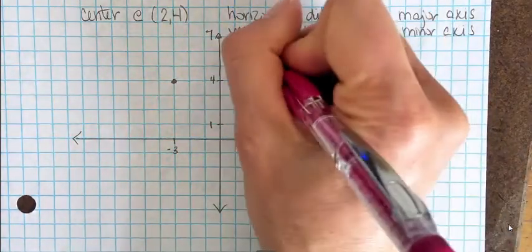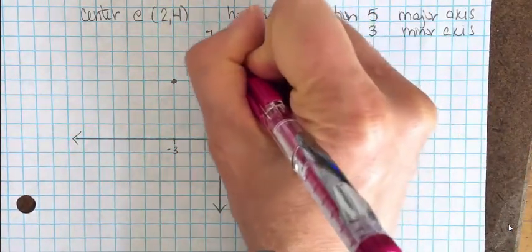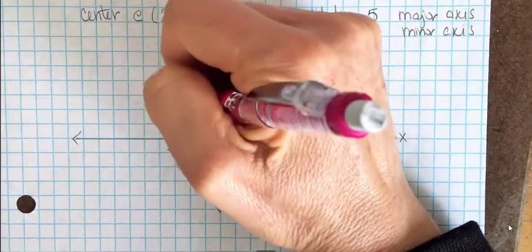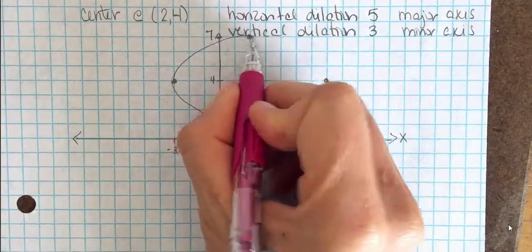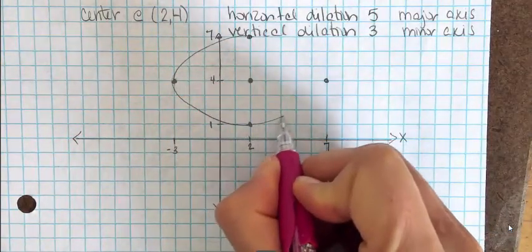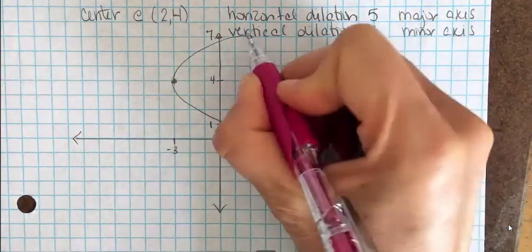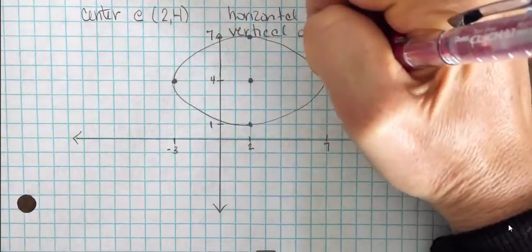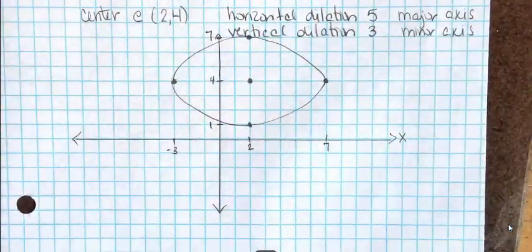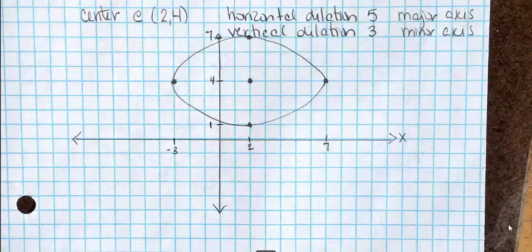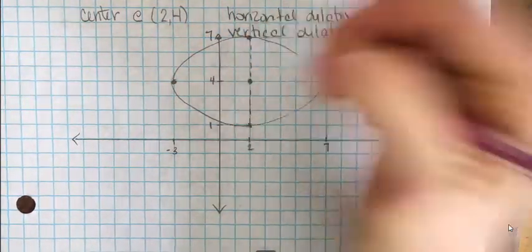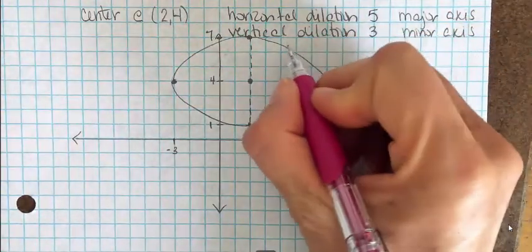Okay, so my ellipse will look something like this. Try not to make it too pointed. It should be curved. Do the best that you can. So I have my minor axis here.